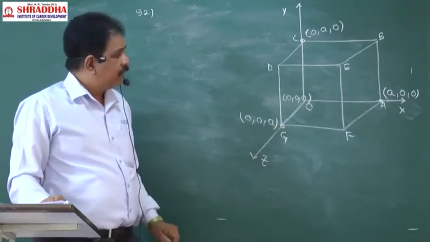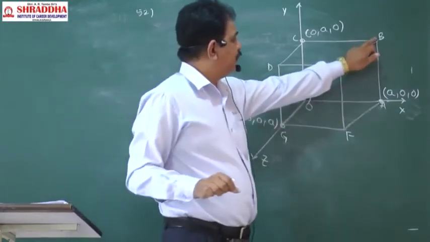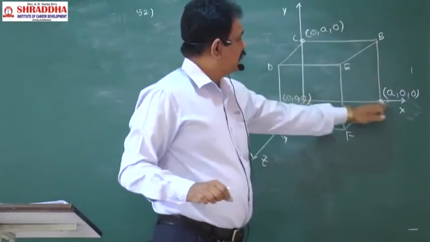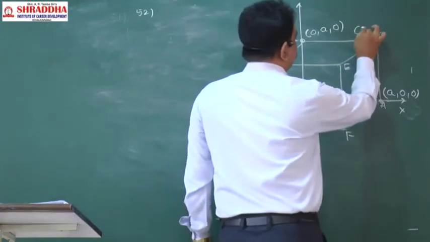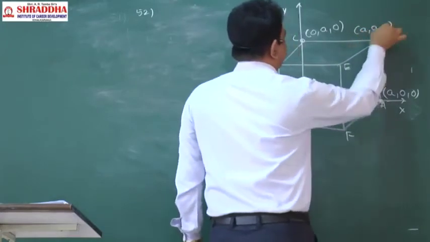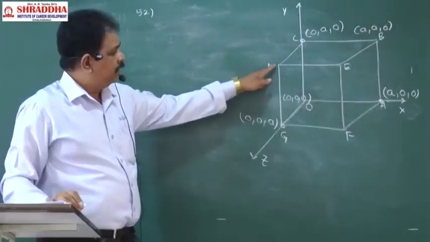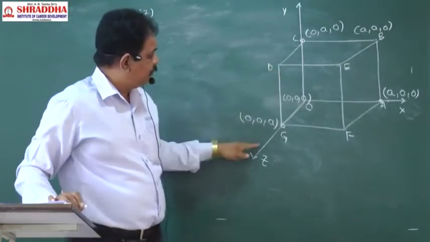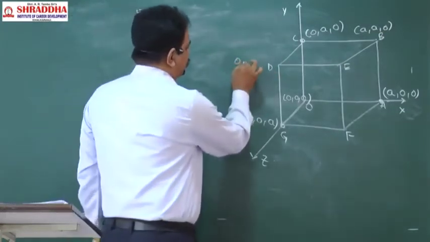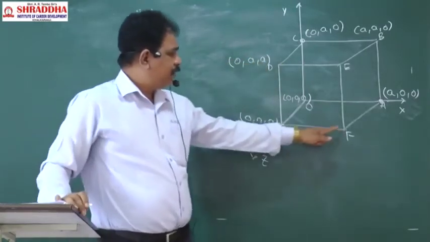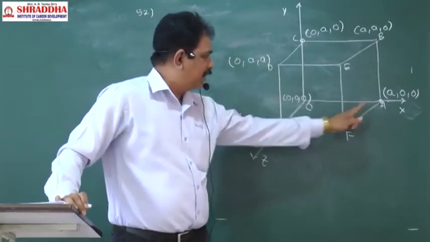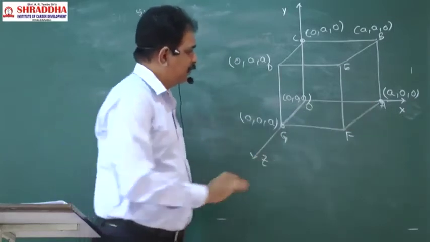Clear? Now, you observe this point. This is in the xy plane. So, its coordinates will be A, A, 0. This point is in the yz plane. 0, A, A. This point is in the xz plane.